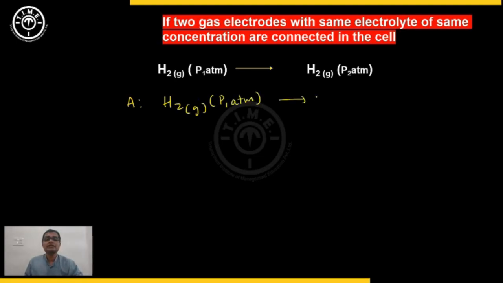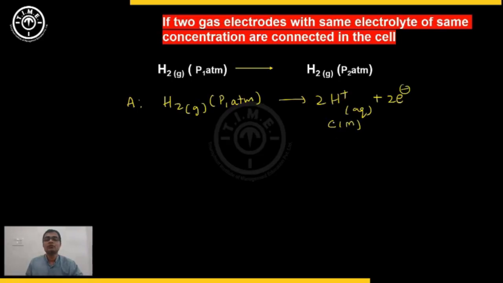It is oxidized to H plus, in aqueous state, by losing 2 electrons. Assume here the concentration is 1 molar.